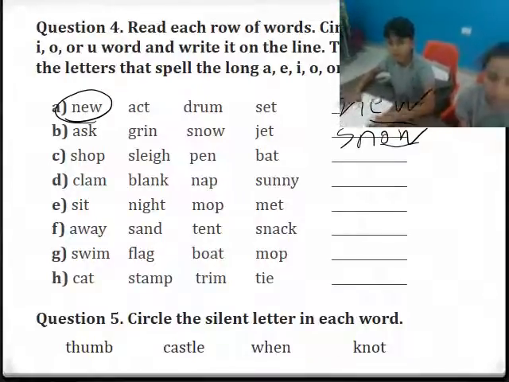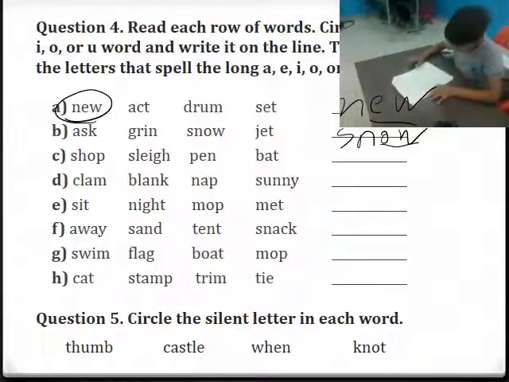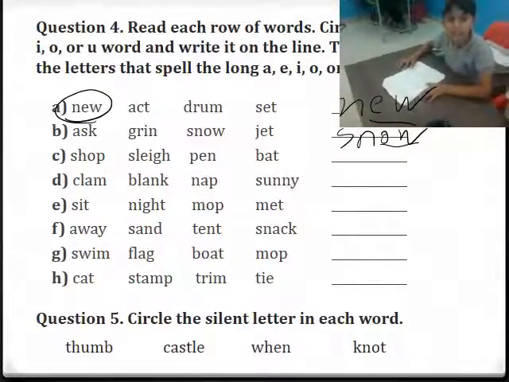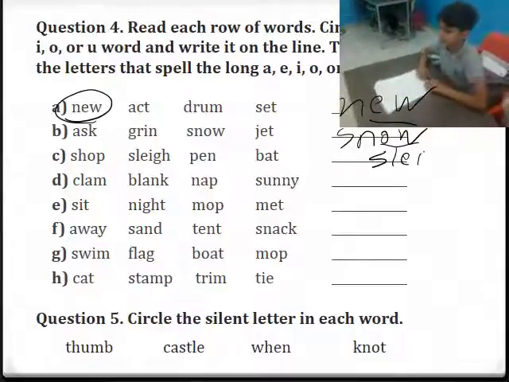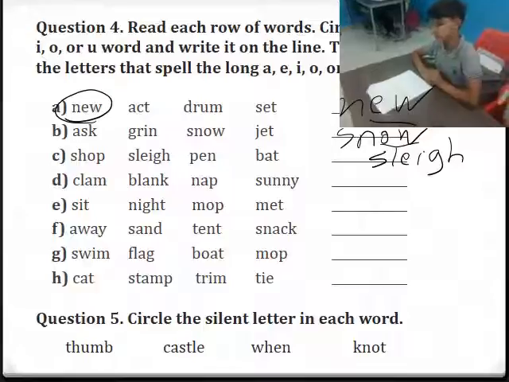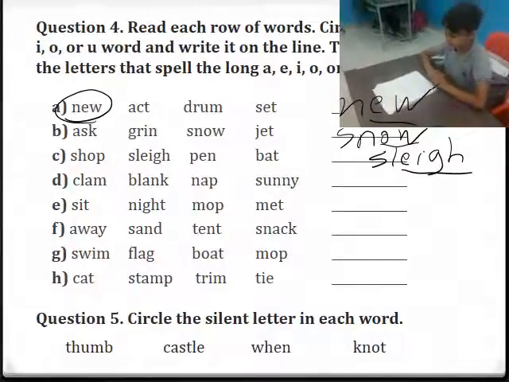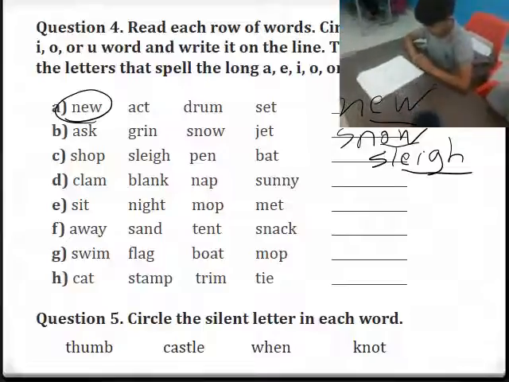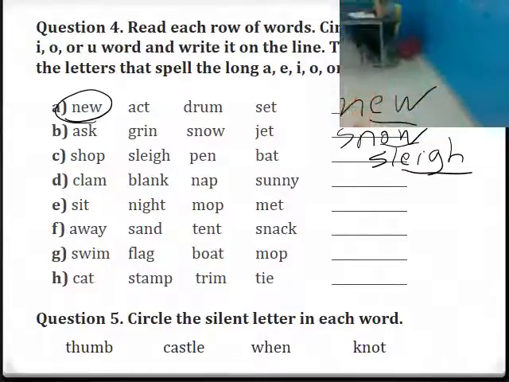What do you hear in sleigh? Which letter? Sleigh. You hear the sound A. Okay. What letters are we going to underline? E-I-G-H. Very good. Those letters make the sound A. Next one. Yes, Islam. Read it for us.